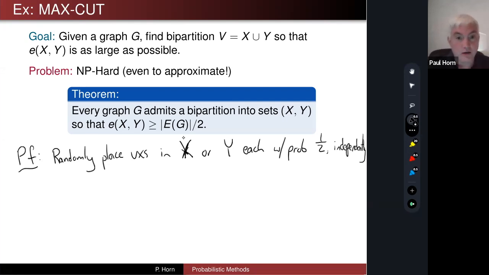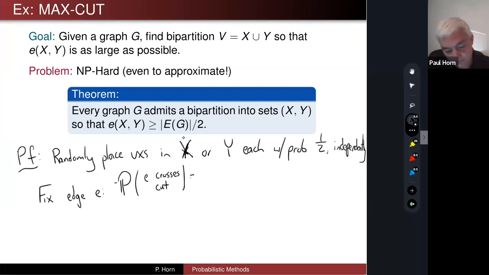And now I think, okay, if I fix an edge e, the probability that e crosses the cut, well, it's 1/2, because wherever one end goes, the other end has to end up in the other set, which happens with probability 1/2.